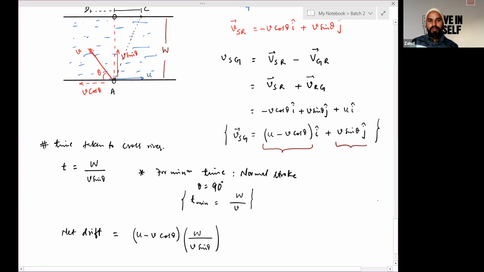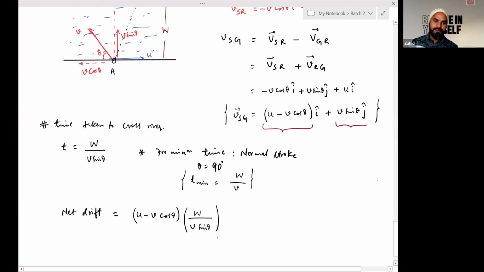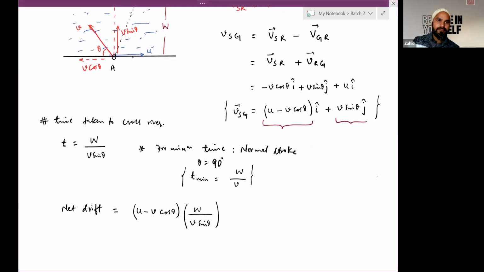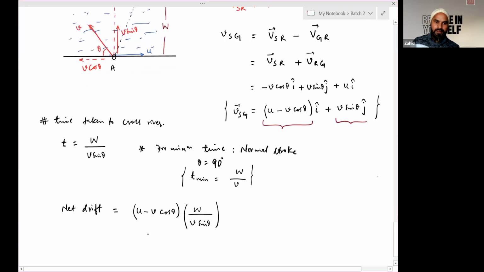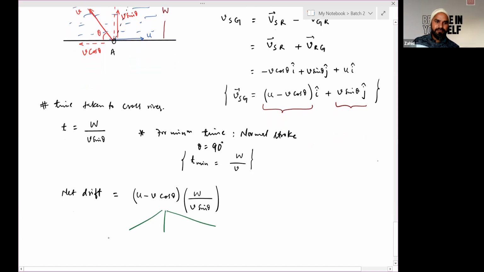This shift may be of three different types depending upon u and v cos theta. If u is greater than v cos theta, it will drift along the right side to move b to c. If u is equal to v cos theta, then there will be no drift or no shift.